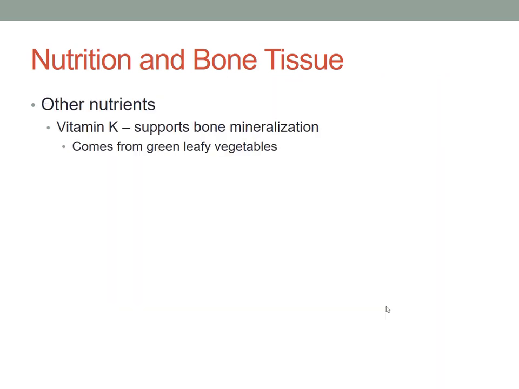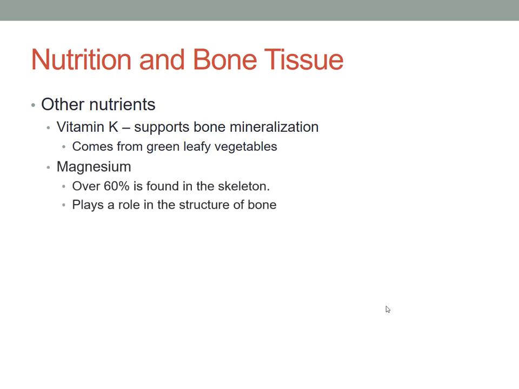Other nutrients: vitamin K supports bone mineralization and comes from green leafy vegetables. Magnesium: over 60% of our body's magnesium is found in the skeleton, and it plays a role in the structure of the bone. Fluoride helps stabilize and strengthen bone minerals.